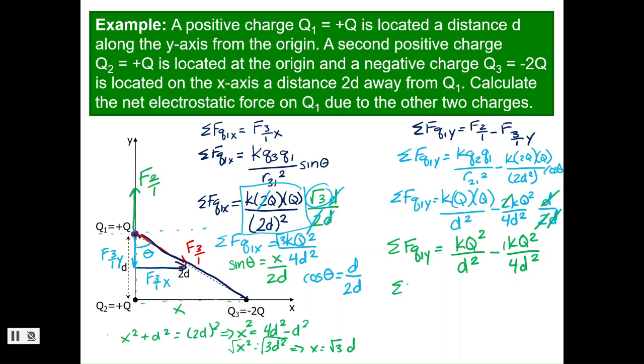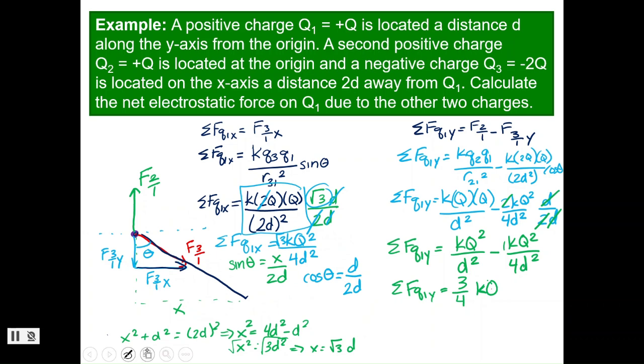So this gives me the net force of q1y is going to be 3/4 kq squared over d squared. Now, the problem here is that I have only found components. I have found my x component and my y component.